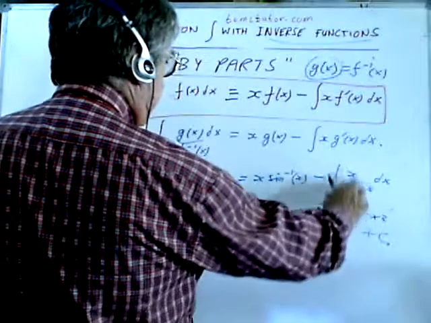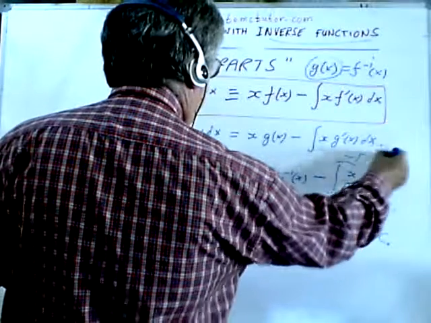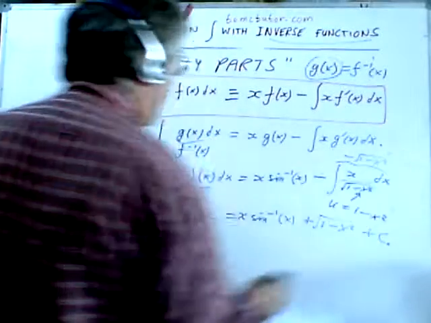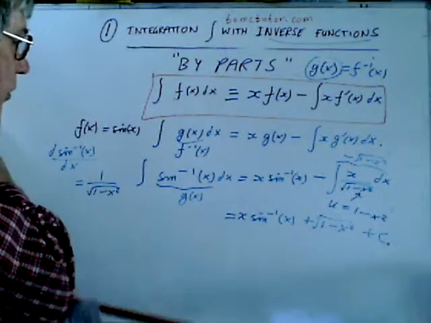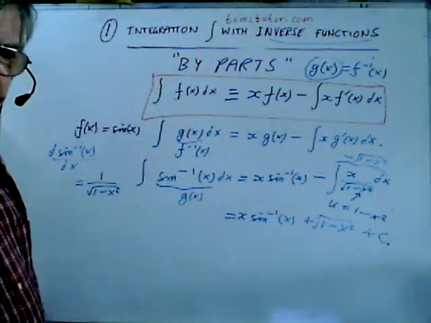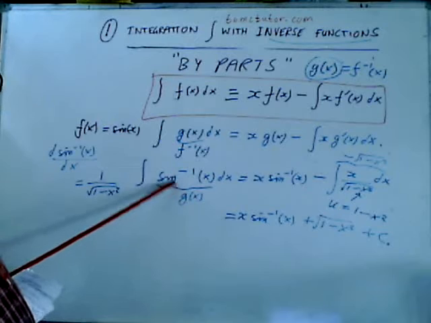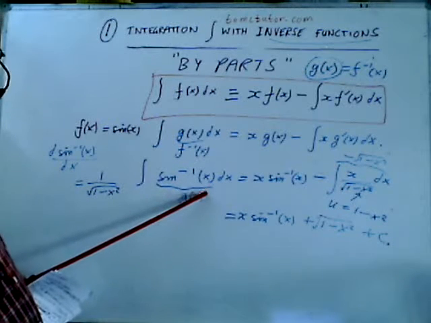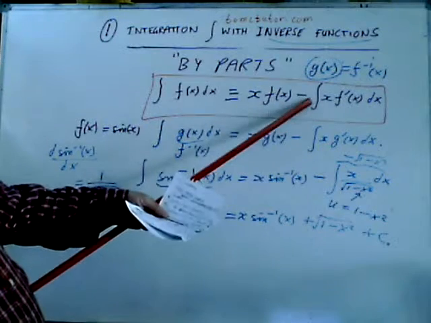Because remember that was worked out to be minus the square root of 1 minus x squared. And of course we're taking that minus, so we'll get a plus. So almost, parts.